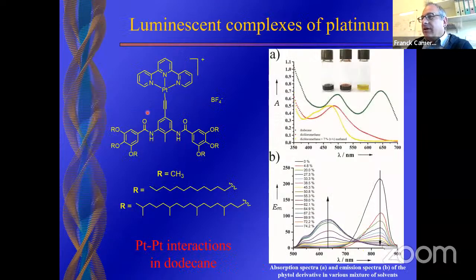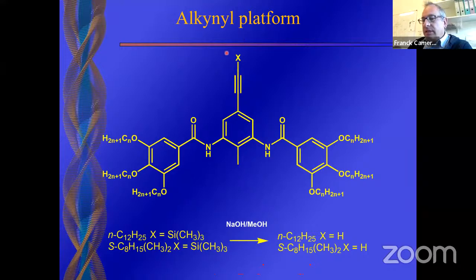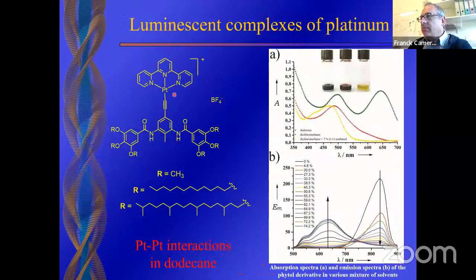Okay, another example with this platform. After we make this silyl and you deposit, you can also make some complexes, here for example with platinum terpyridine fragments. We use two types of chain, linear or branched, and we first check the aggregation of this molecule in solution.